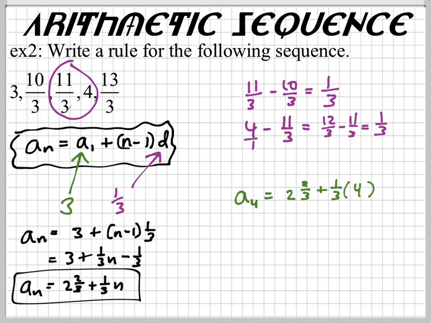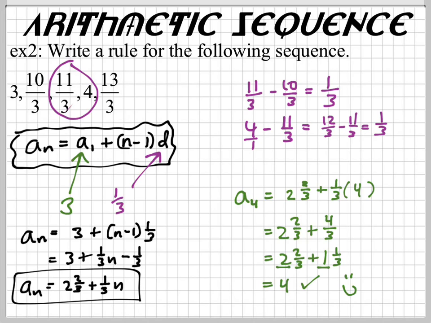So we have 2 and 2/3 plus 4 over 3. Let's write 4 over 3 as a mixed number: 1 and 1/3. Then 2 and 1 is 3, and if you add 2/3 and 1/3, that's another 1. So that's 4. It works! Smiley face. Yay.